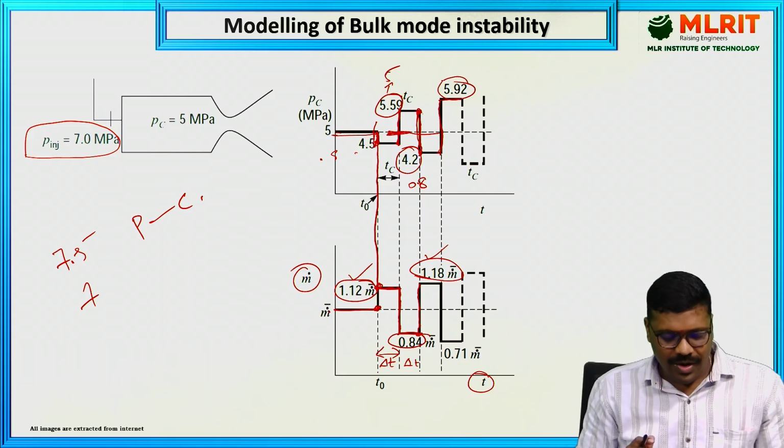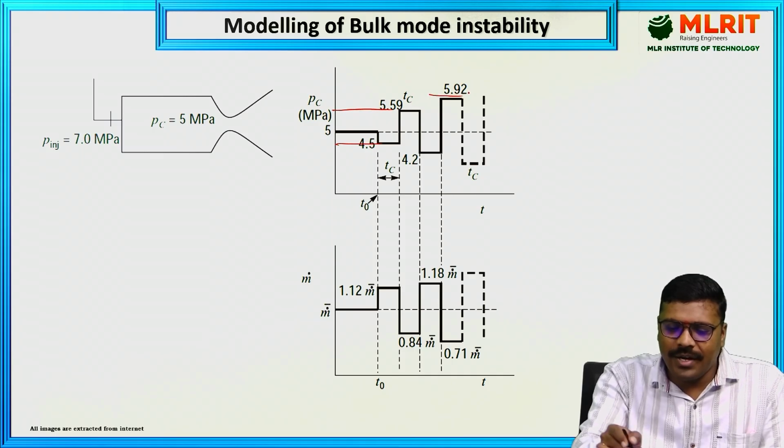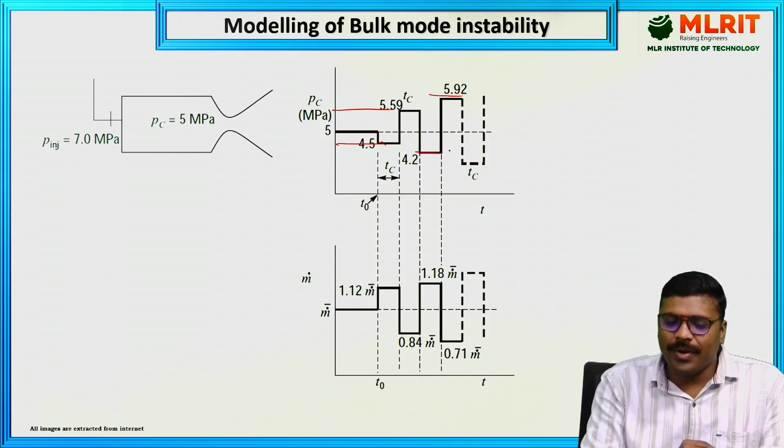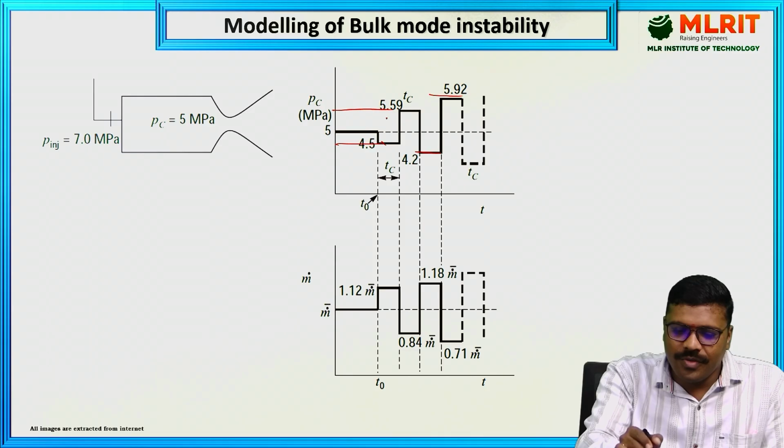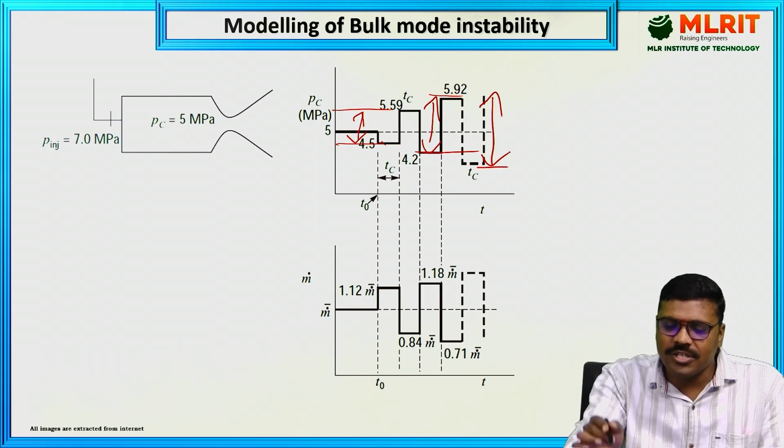What you can observe here is that initially it is 4.5, 5.9, after that 5.92, then 4.2. The pressure difference is increasing. Here is one pressure difference and here is another, so the pressure difference is increasing with respect to time.